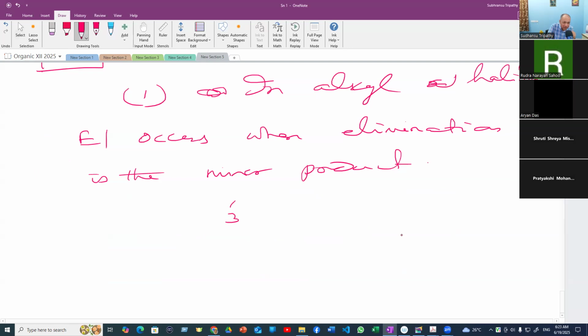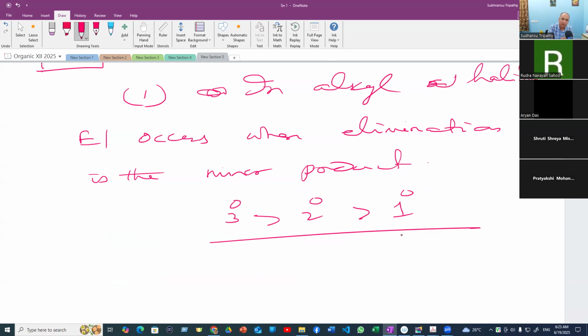Of course, this trend is the same. I mean, the order is the same. But remember, when you are using a solvolysis reaction, a weak base, then the substitution is the major product.